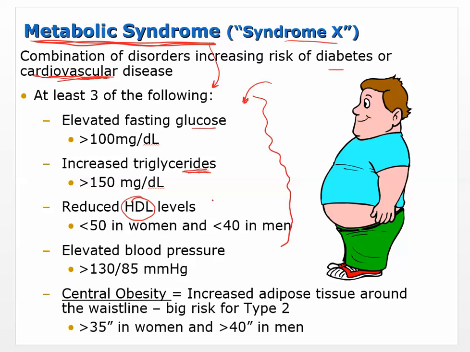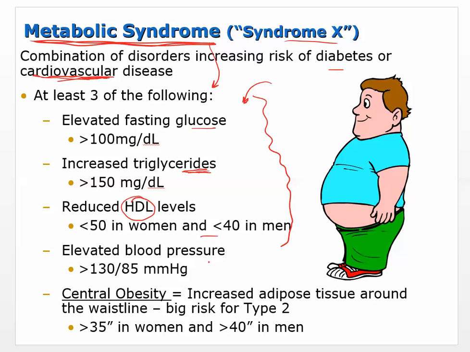It's still a lipoprotein, so it still has fats in it, but it doesn't have as many, and it will actually mop up some of the fats left behind by these LDLs that are just stuffed with fat and cholesterol. So reduced HDL is below 50 in women and below 40 in men.